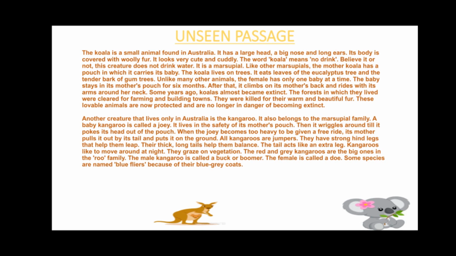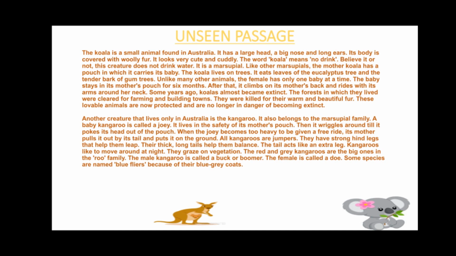Australia's marsupials. Now let's read this passage about Australia's native animals. The koala is a small animal found in Australia. It has a large head, a big nose, and long ears. Its body is covered with woolly fur.